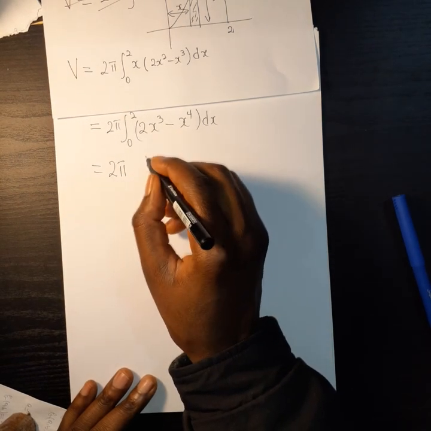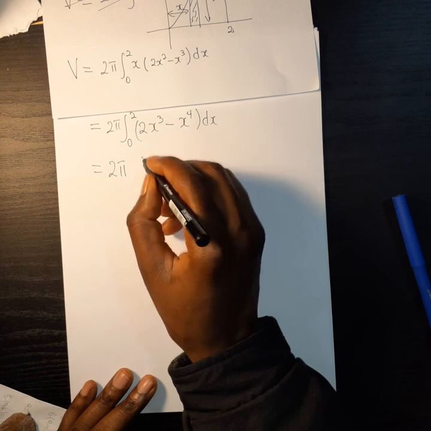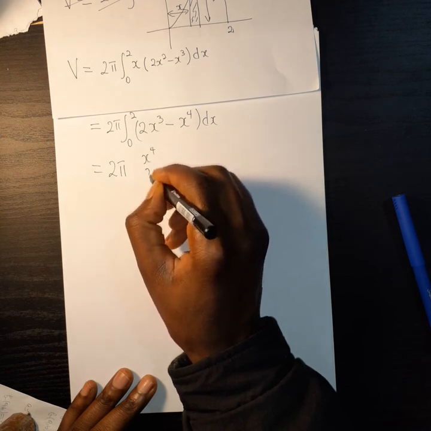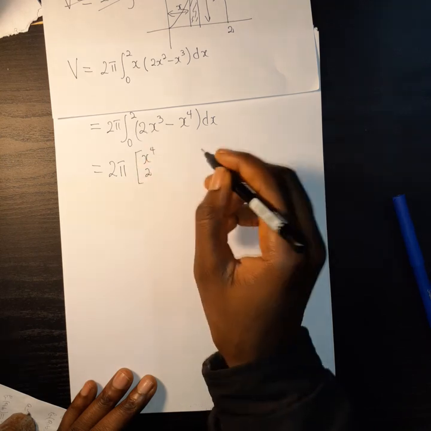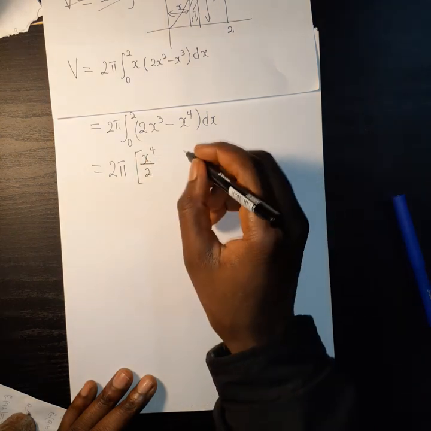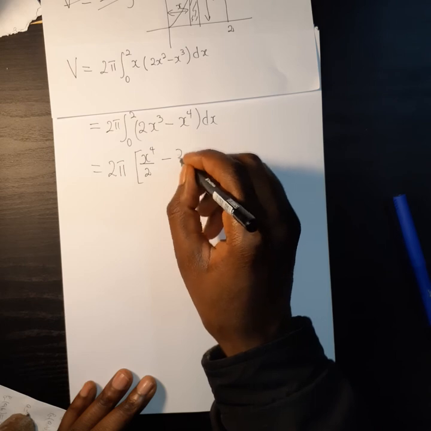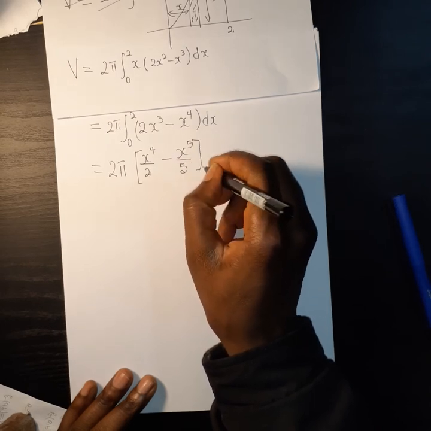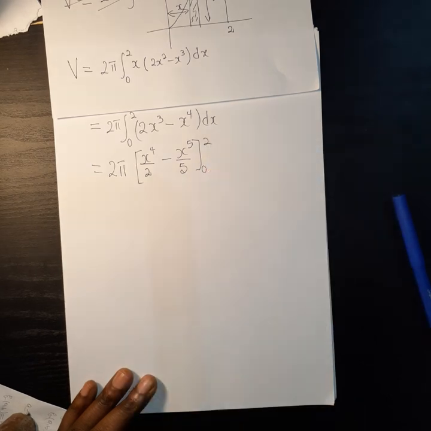That one, if we integrate, it will be x to the power of 4 divided by 4, which will give us a 2 here, because we already have a 2 there. And then minus x to the power of 5 over 5. We're integrating from 0 to 2.